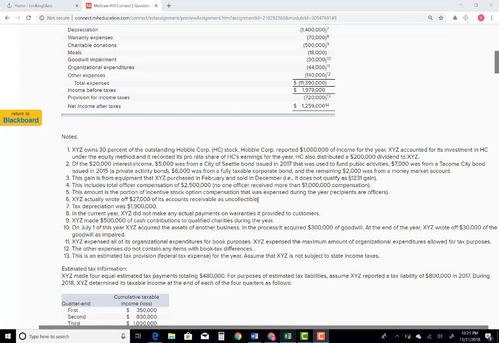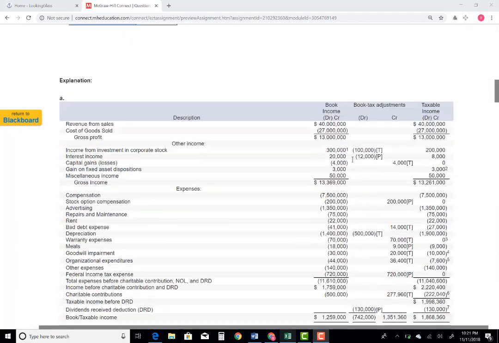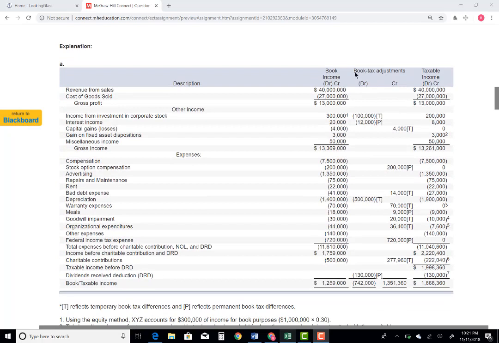I am going to come back to this as I work through the problems, but I won't read through all these different scenarios right now. Just notice all this information is going to be the basis for making those adjustments from book income to taxable income. That's what we're trying to do in this spreadsheet: go from the book income amounts to taxable income.